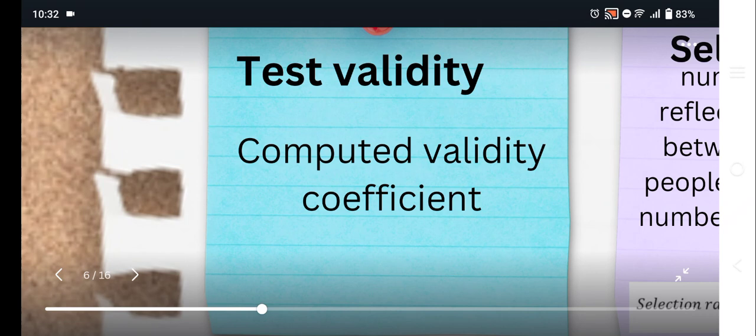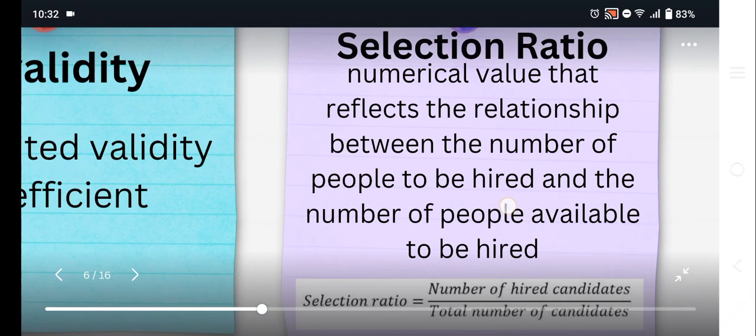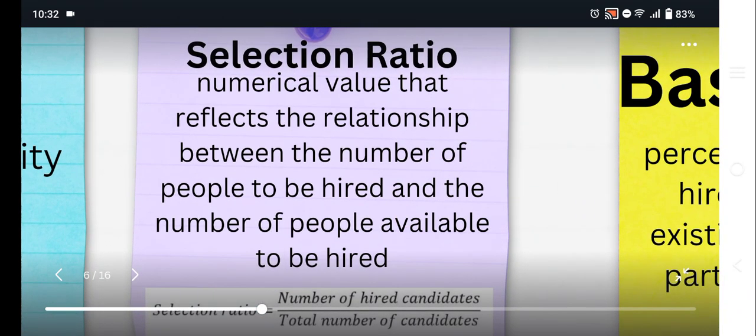Test validity: the value assigned for the test validity is the computed validity coefficient. So, selection ratio naman po. Selection ratio is a numerical value that reflects the relationship between the number of people to be hired and the number of people available to be hired.